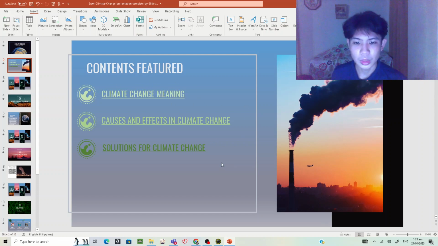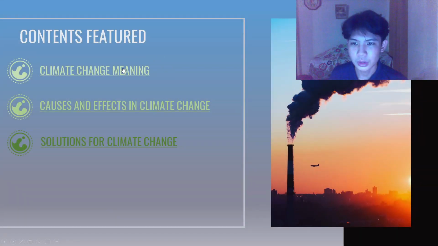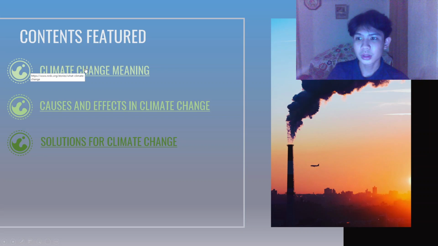So I'm just going to show you how it actually works. Let's go to slideshow mode for a minute. So as you can see, when I drag my cursor to the text, it basically shows us the website address. So when you click on it, it will take you to the website of the information that we are going to be gathering for the text.